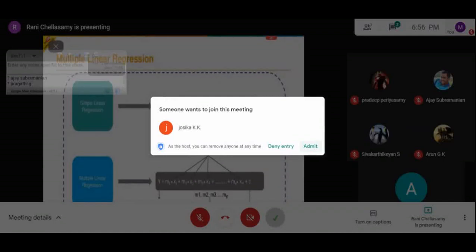For multiple linear regression, the formula is y equals m1 x1 plus m2 x2 plus m3 x3 and so on up to mn xn plus c. Here c is the coefficient and m1, m2 are the slopes of the line, y is the dependent variable and x1, x2 are the independent variables.